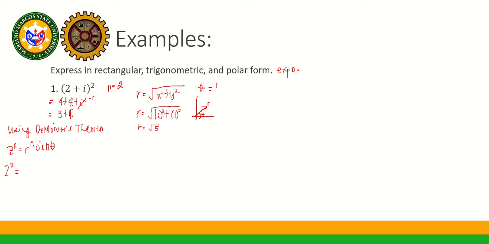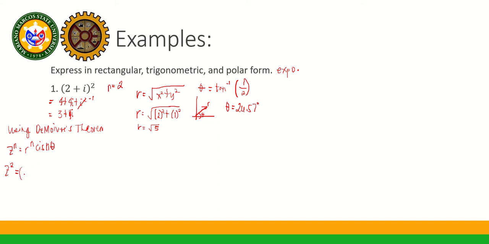Therefore, if we use tangent, so inverse tan, opposite over adjacent. So, opposite ngayon niya is si y, which is si 1, and adjacent niya is si 2. So, our theta will be equal to inverse tan of 1/2, that is 26.57 degrees.